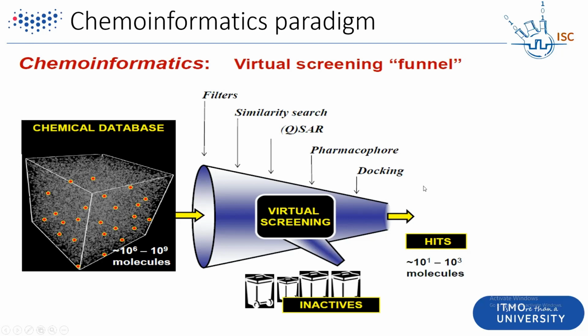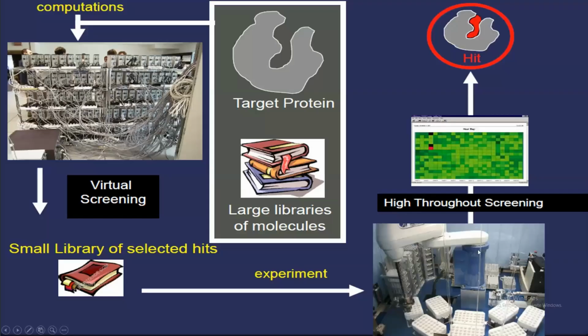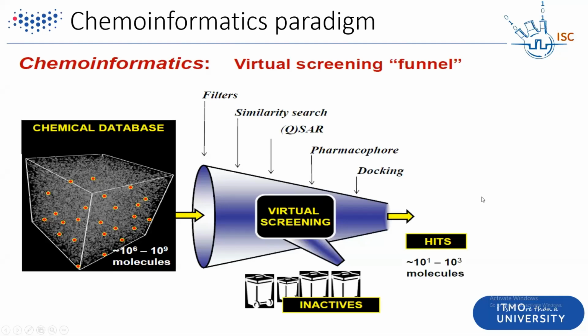Then you will go through this funnel and get some hits, like thousands, up to 1,000 molecules. And you can just screen these hits as shown here using robotics, by implementing different in vitro experiments.